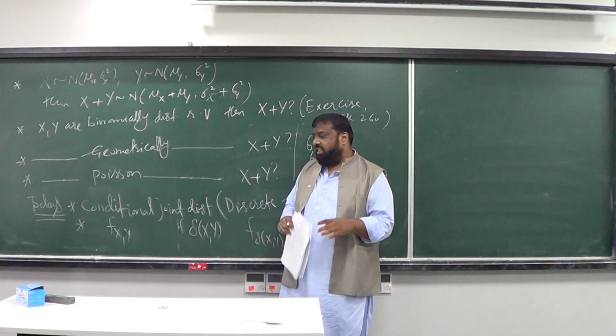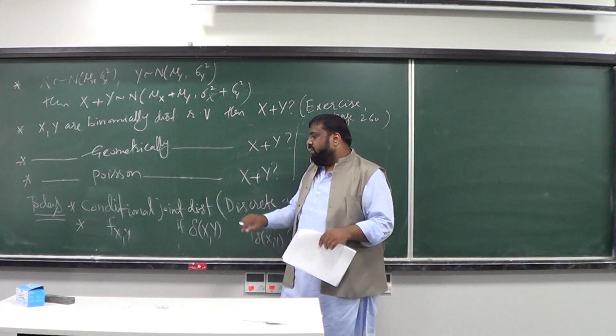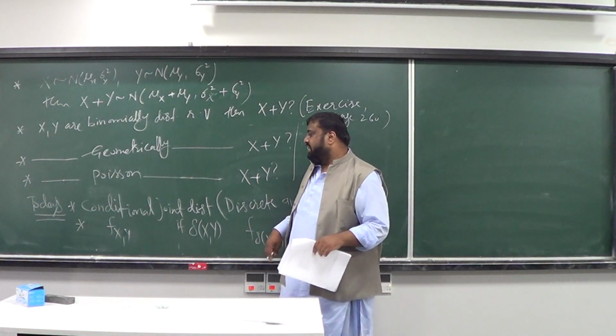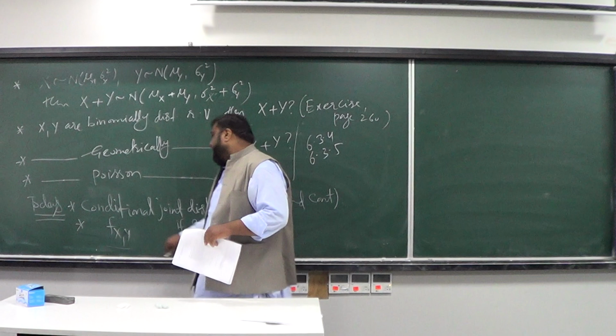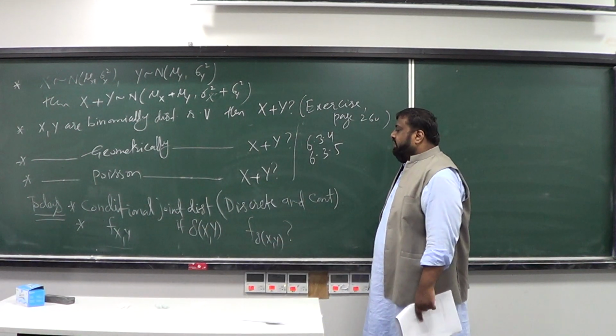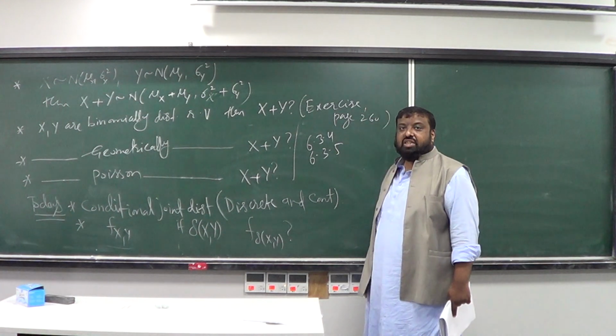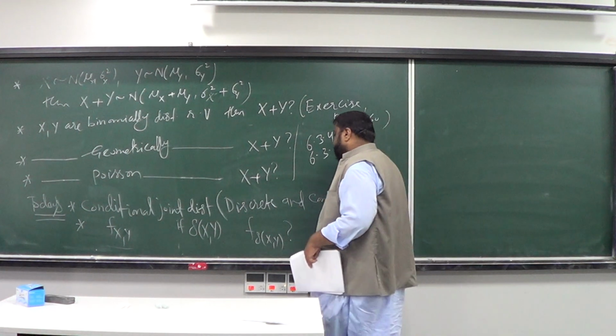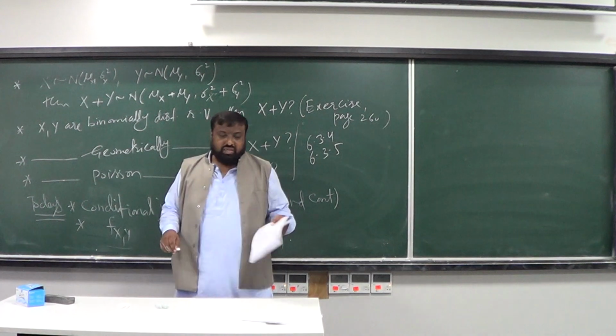So we did this in one dimension. Now we want to do it in two dimensions: if you know the joint PDF of X and Y, can I find the joint PDF of functions of X and Y? The answer is yes, we can do it.